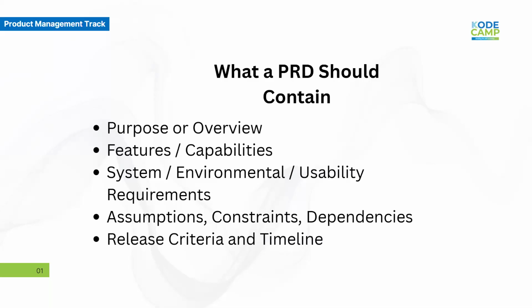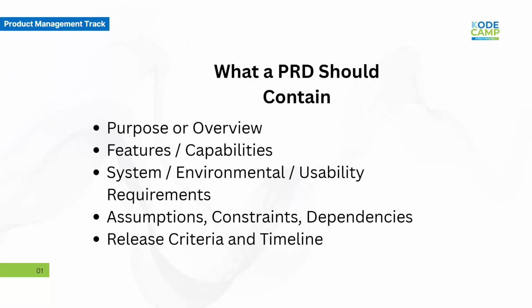Now, the third thing that you should also consider is system, environmental, and usability requirements. Beyond core functionality, your product needs to meet certain technical and user experience standards. This is where you document those.